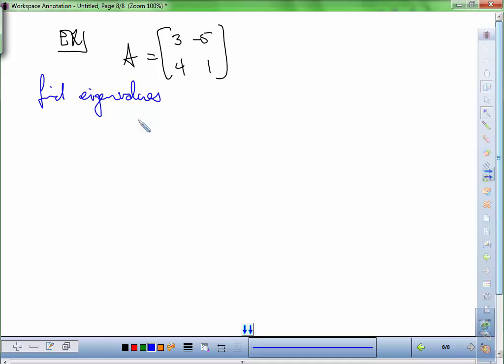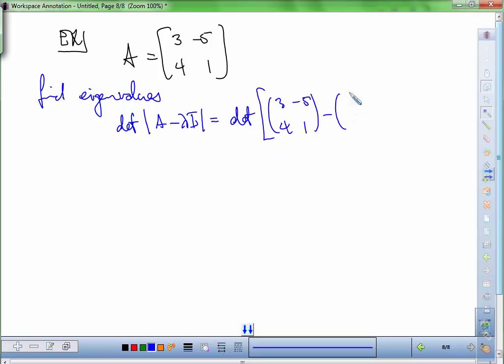We want to take the determinant of A minus lambda I. A is 3, negative 5, 4, 1, and then lambda I is 1 on the diagonal, so if I multiply lambda by that, I'm going to get lambda, 0, 0, and lambda.